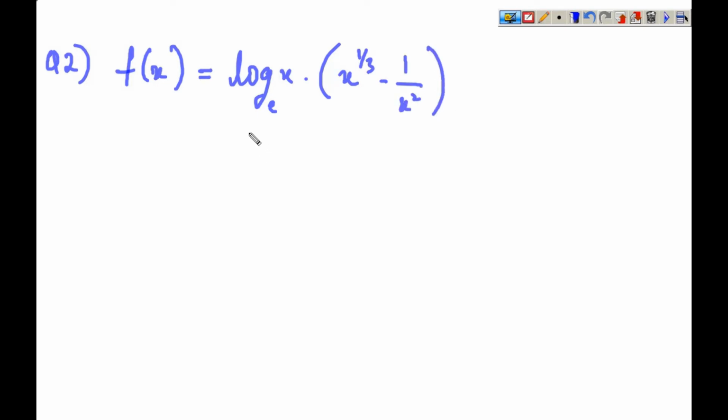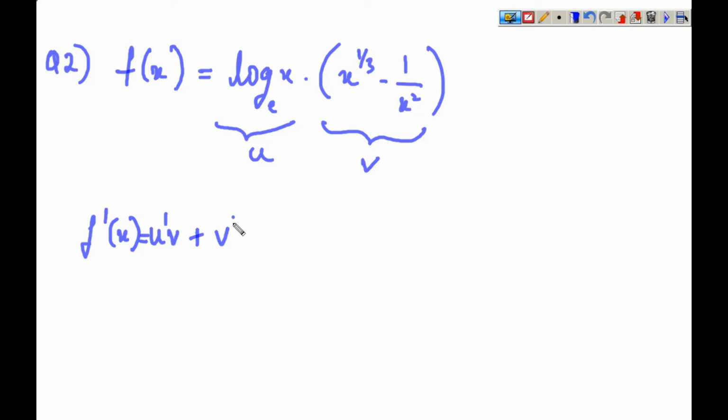Again using the product rule, I can label this one as u and this one as v, and start to differentiate. So we know that f dash x will be u dash v plus v dash u.